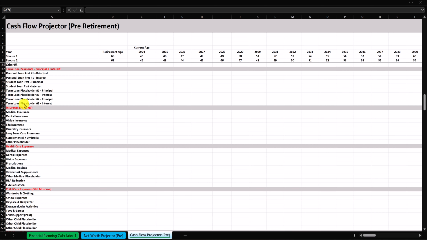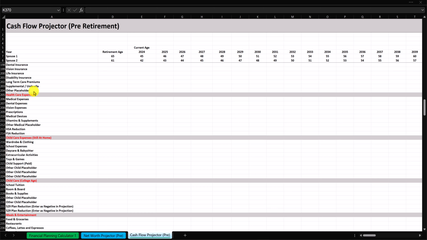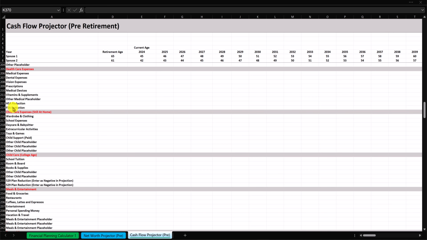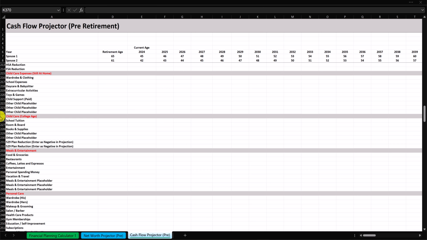After that, we're going to get into various kinds of insurance that you may have, and then healthcare expenses after that. In the healthcare expenses section, we are going to have a place down here for an HSA or an FSA reduction. This is where money is going to come out of those special purpose accounts to be used against and to offset various kinds of healthcare expenses. Following that, we will deal with childcare expenses, and I've broken it out into 2 sections, one where children are still living at home, and then down here when children are off to college and the costs associated with that.